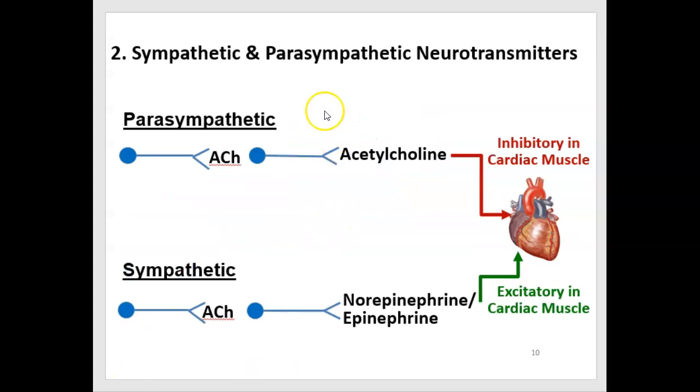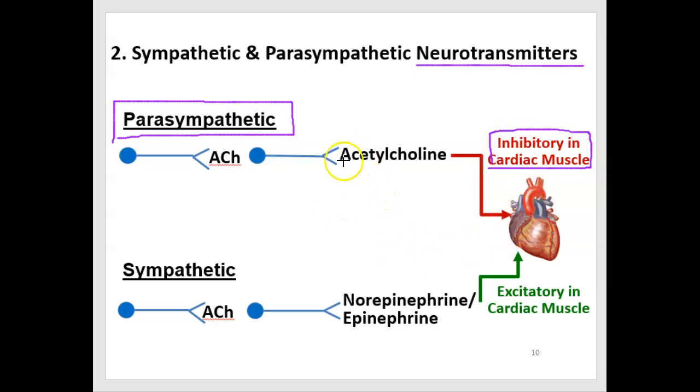Another reason that the two divisions can have opposing effects has to do with what neurotransmitters they release. For example, we know that the parasympathetic nervous system makes the heart rate go down. So we need it to inhibit cardiac muscle contraction.